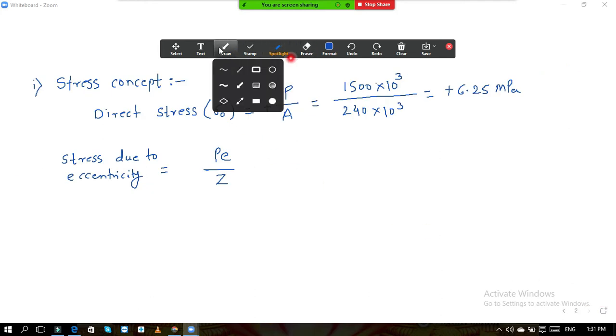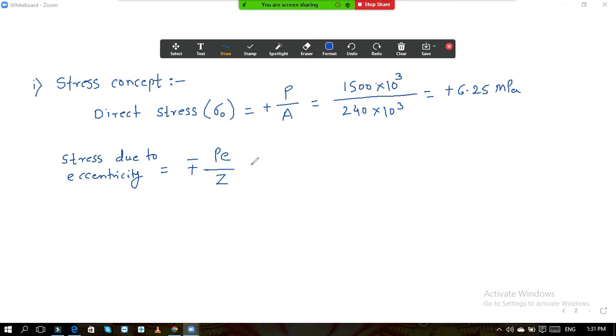Okay, so this understanding is most important, where to take plus and where to take minus. Most of the students get confused in this, where to take minus and where to take plus. So compression is at bottom and tension is at top.